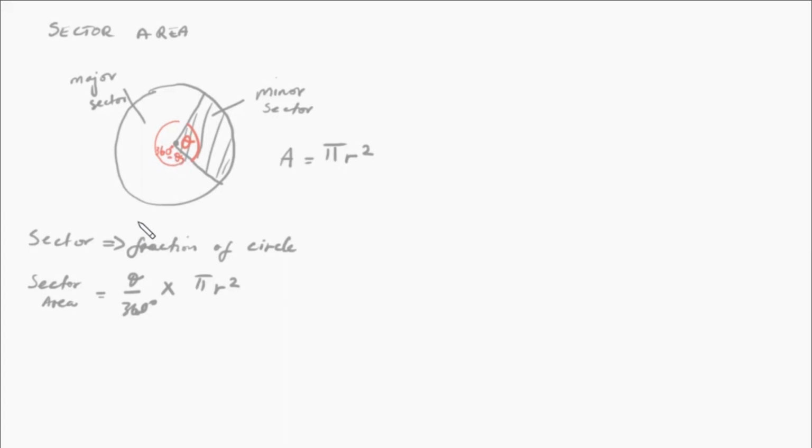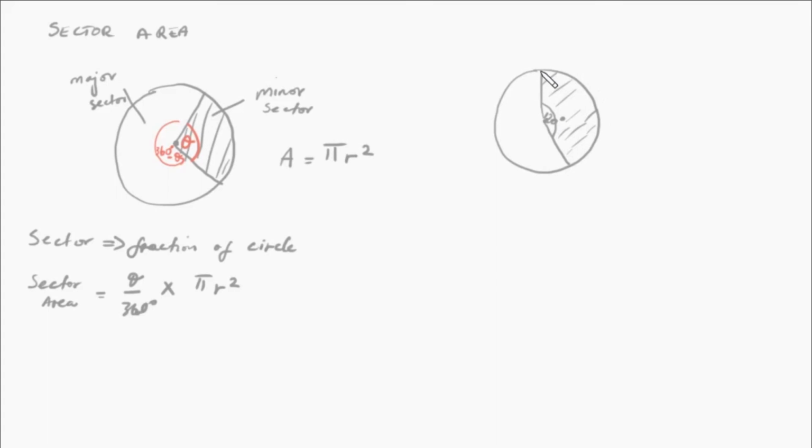Okay? Now, let's take for instance, let's say you have a circle, and you are told that this is 120 degrees, and this is the sector. Find the area of the shaded region.